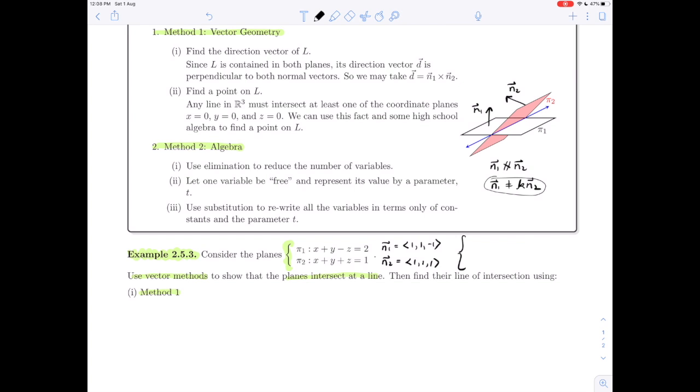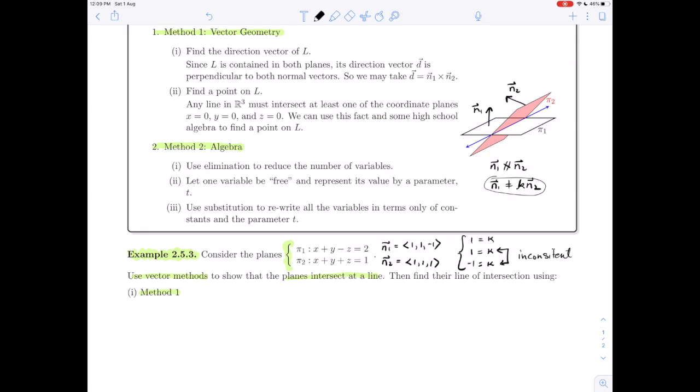So let's create a little system of equations. n1 is (1, 1, -1). If it were supposed to be k times n2, then it would be k, k, and k, and obviously k cannot be both -1 and 1 at the same time, so we have an inconsistency.